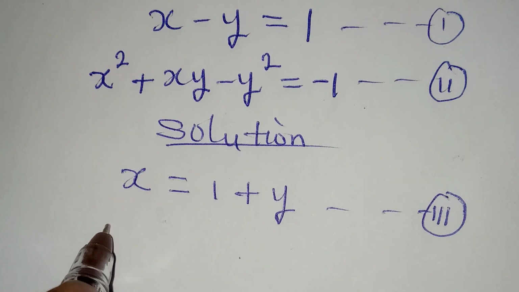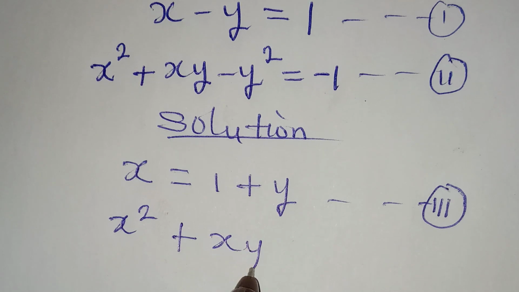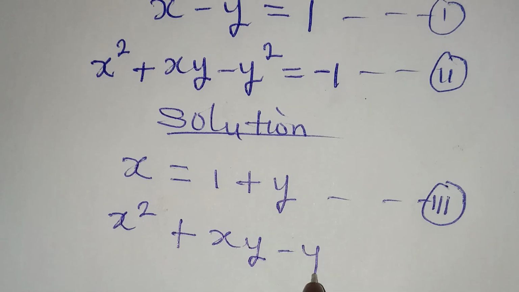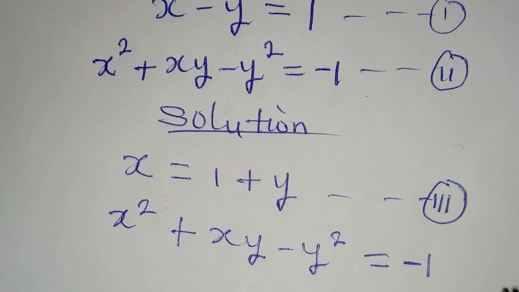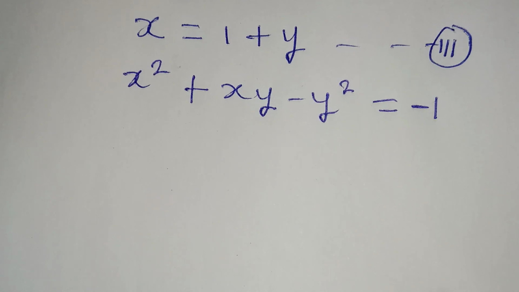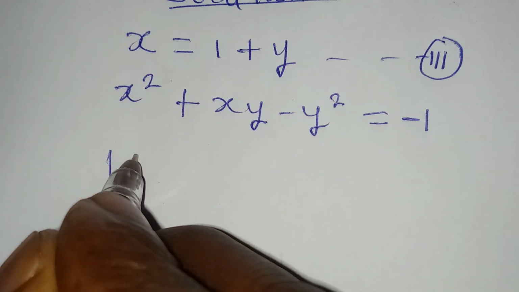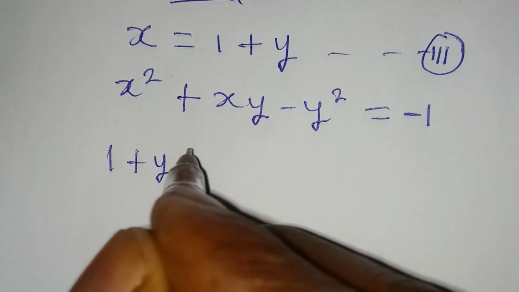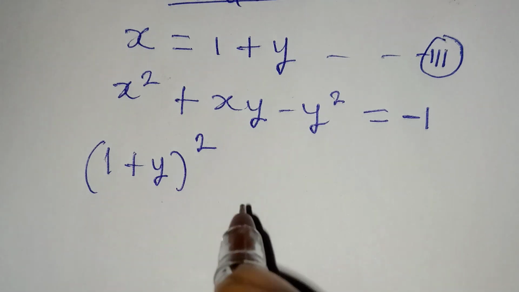And our equation 2 is x squared plus xy minus y squared equal to -1. This is our equation 2, right? Now from here, x is 1 plus y, so I'll have this in bracket and square.